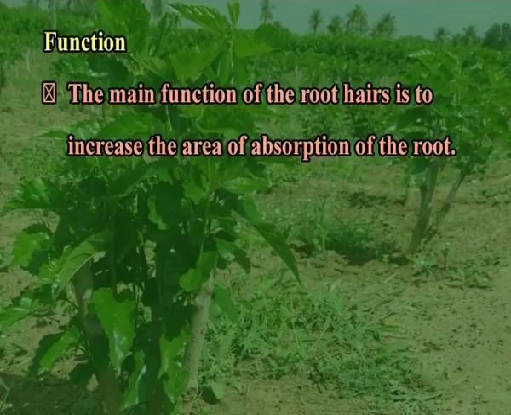A root hair consists of a thin cell wall, a thin lining of cytoplasm which contains the nucleus, and a comparatively large vacuole containing cell sap. Function: the main function of the root hairs is to increase the area of absorption of the root.